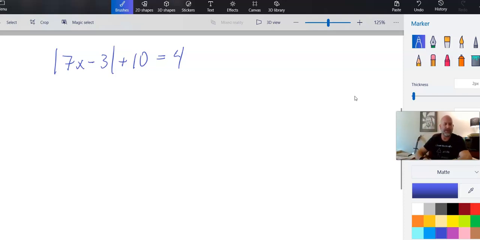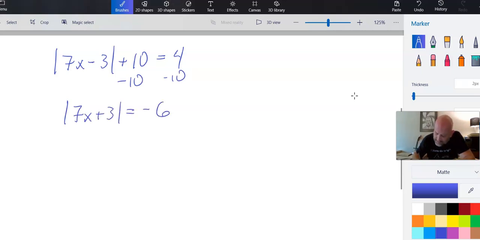Okay, so I'm assuming you've paused. Now this one actually pulls from something I talked about at the beginning of this lecture. So we'll go through the whole solution. If I subtract 10 from both sides here, I get the absolute value of 7x plus 3 is equal to negative 6.